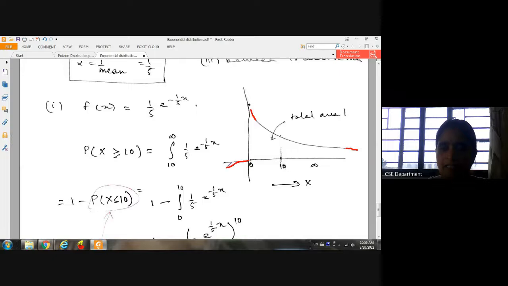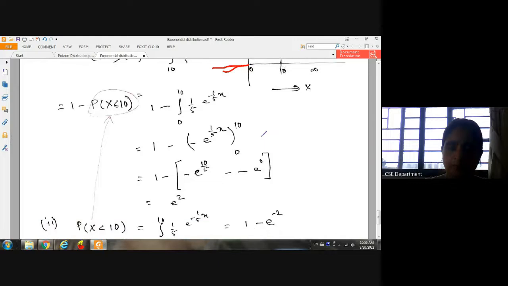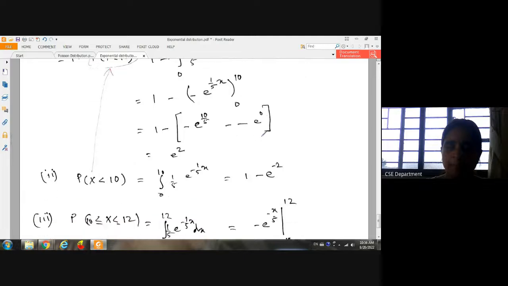Everywhere less than 0, for values of x like minus 1, minus 5, minus 8, minus 20, f(x) will be 0. Everything else is the same. Calculations are the same.